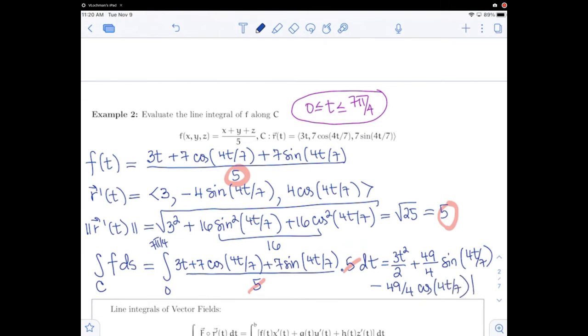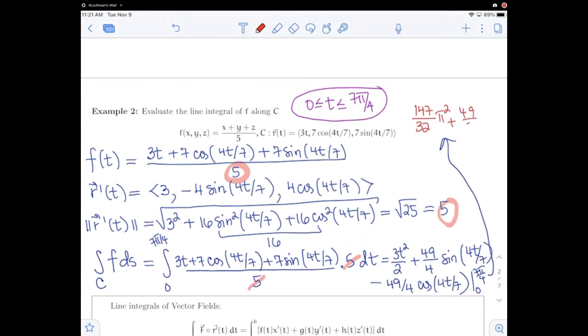Okay, we go from 0 to 7 pi over 4. Okay, I'm going to let you evaluate this carefully. The answer is not going to be exactly nice, but it's not completely terrible. So 147 over 32 pi squared plus 49 over 2. That's our final answer. Okay, and we would like to keep these types of answers exact, right? So you don't need to approximate it, just keep it as is.